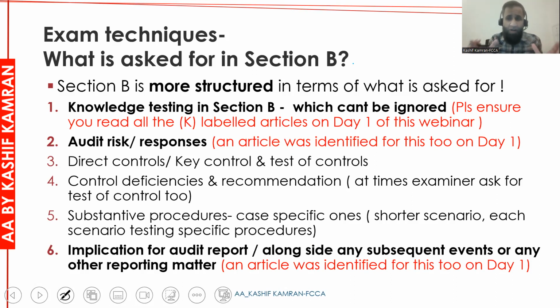Very structured, very organized. If you do the 30 CR questions, you will have no struggling element in section B. And I always tell my students, aim for scoring 50 out of 70. You can do that.